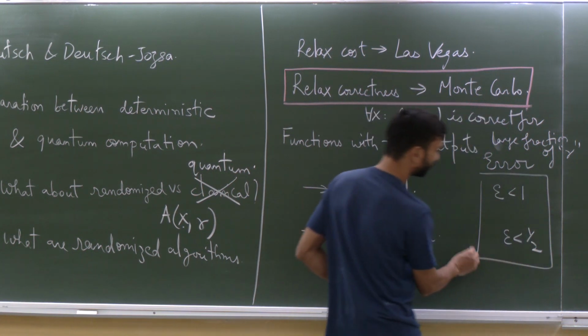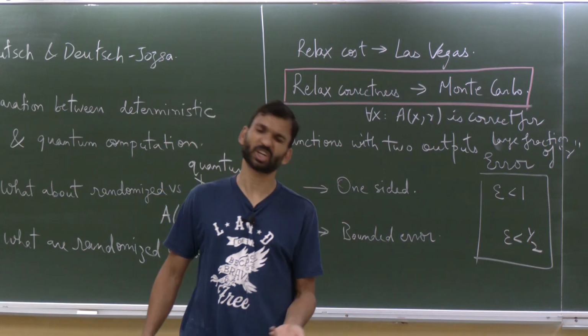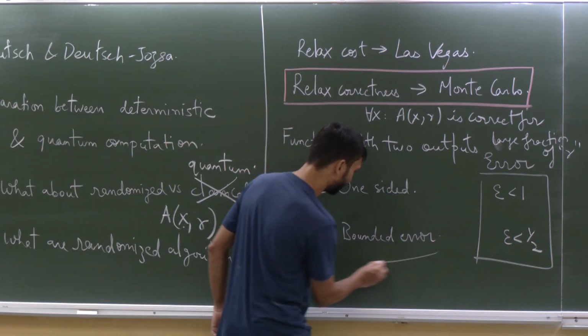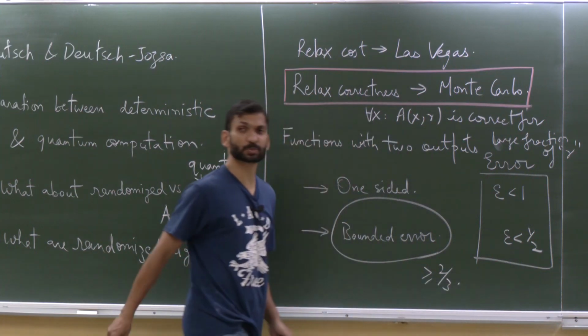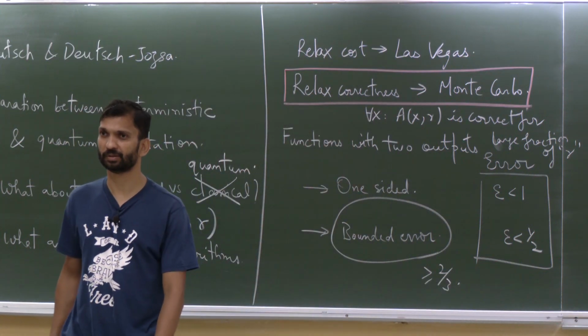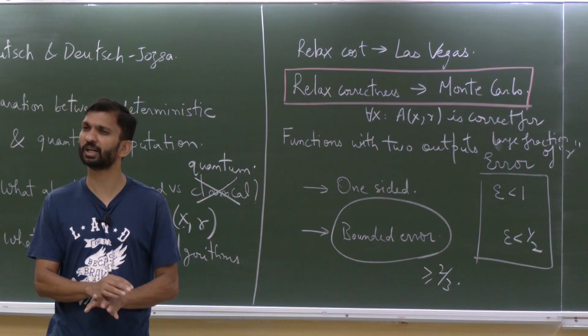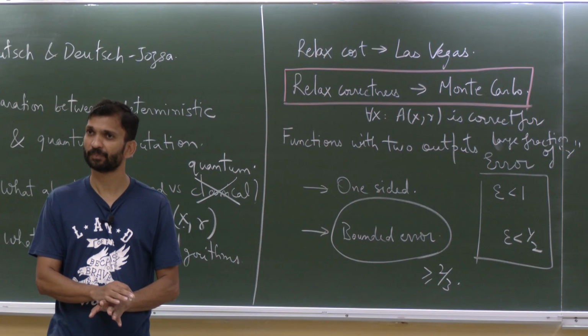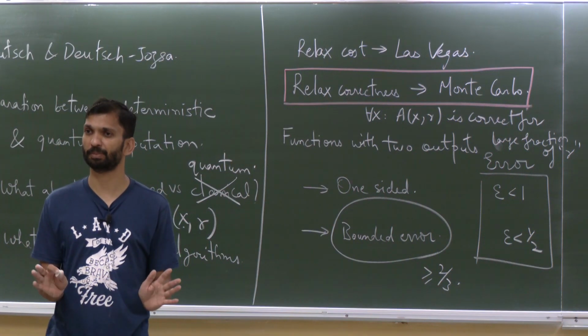Now these are our definitions, and this will stay true even for quantum algorithms. Generally, we will talk about bounded error, and we will say that our success probability should be greater than 2/3. We will keep this as the standard, but 2/3 is really not important. We remember that, right? Even if it is 0.55, I am happy.